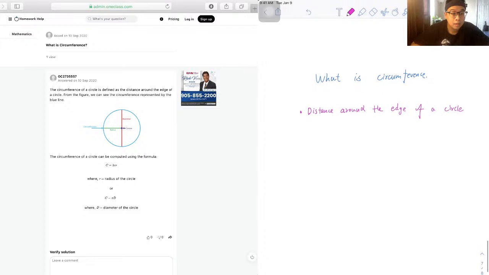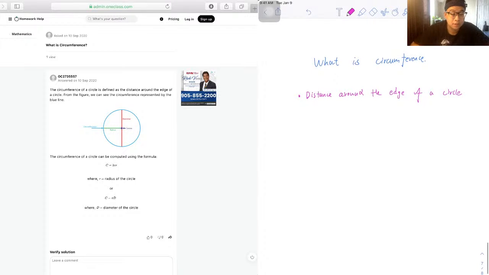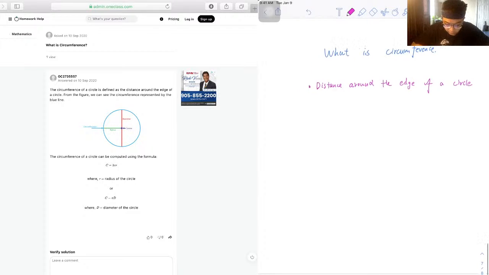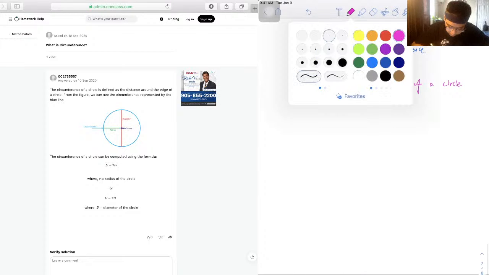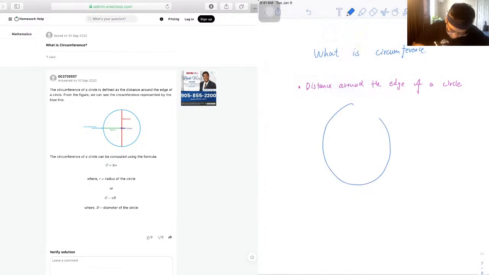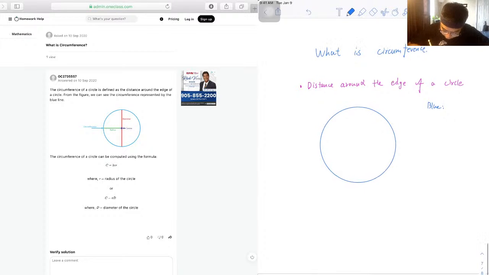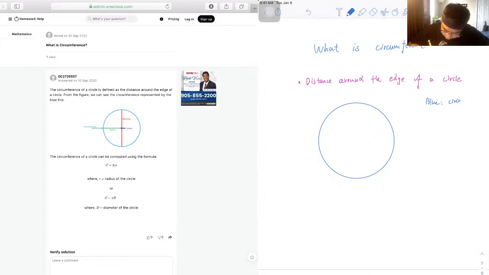Right. And now let's draw a figure to represent some key components of a circle. So let's use this color. So the blue part is our distance around the edge of a circle, so that is our circumference. And also, in a circle, there will be a center. So the pink one would be the center.